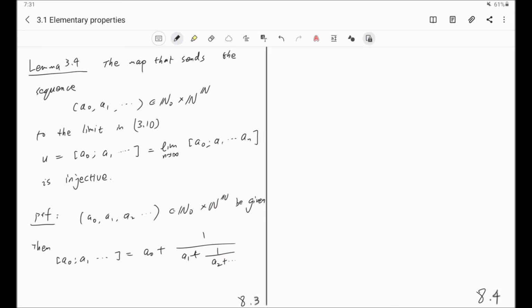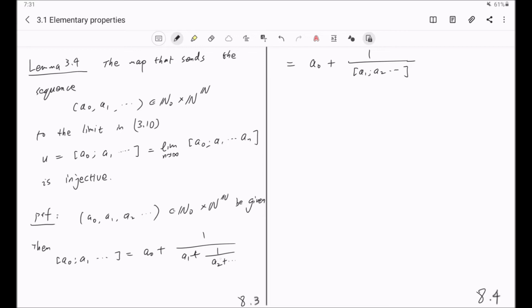And you also know that we have the following inductive relation: this guy is equal to a0 plus 1 over the infinite continued fraction starting with a1. This holds because this limit exists.